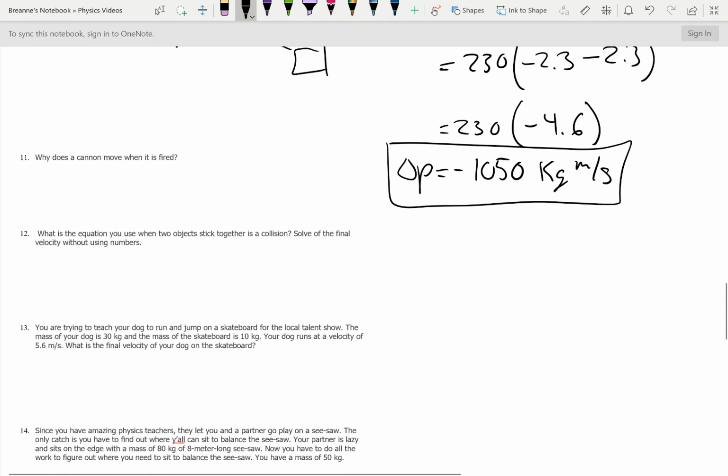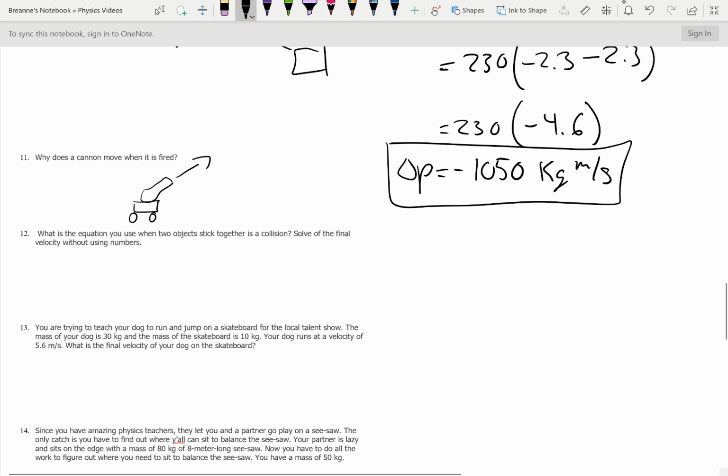It's more of a conceptual question, and it's because the momentum has to go somewhere. The momentum is conserved. So if you have a cannon here, and your cannon shoots, this is why most of the time your cannon is on wheels.